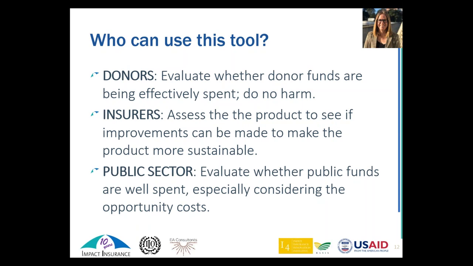For insurers, this is an important tool to assess the product to see if improvements can be made to make the product more sustainable and to have it be, as Pranav said, business as usual. And then for the public sector, to evaluate whether the public funds that are being spent to meet certain policy objectives are well spent, especially considering the opportunity costs, or what else they could be doing with that funding. Next slide.